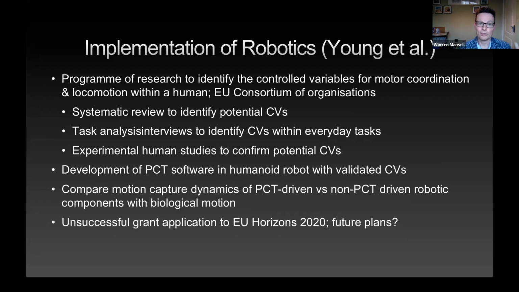We would use experimental studies and motion capture dynamics to identify those, and then test their implementation within PCT-utilized hardware. And we'd be able to compare, by getting independent people to watch the movement of those robotic systems, how well they match biological motion.